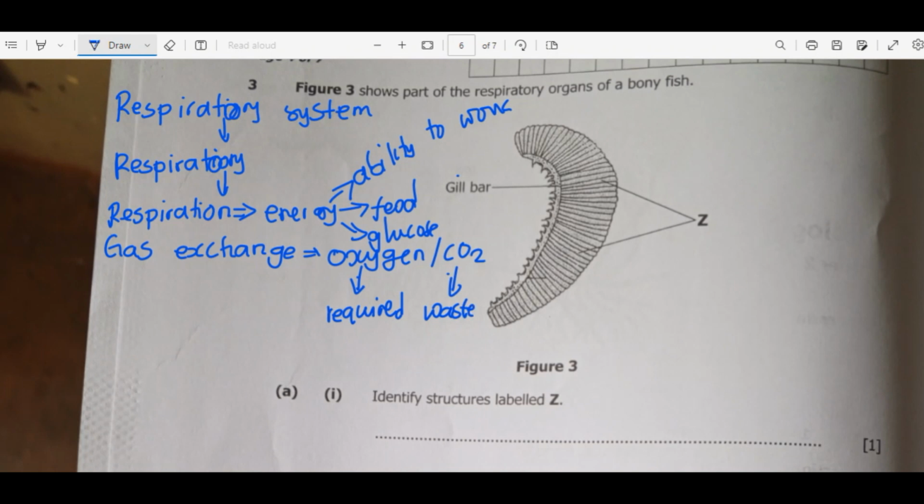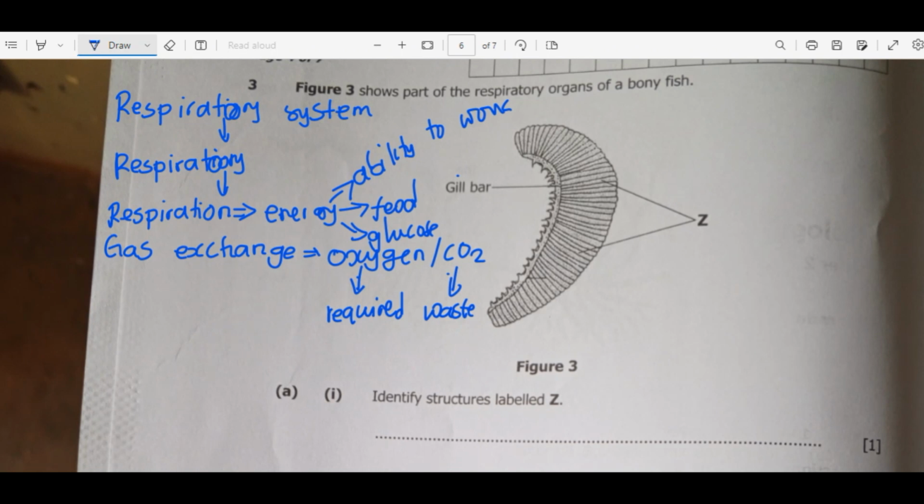So oxygen has to enter, then the carbon dioxide must leave the respiratory organs. That exchange is what we call gaseous exchange, and it can be defined as the diffusion of oxygen and carbon dioxide across a respiratory surface.